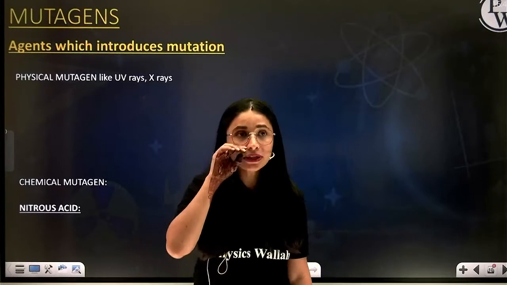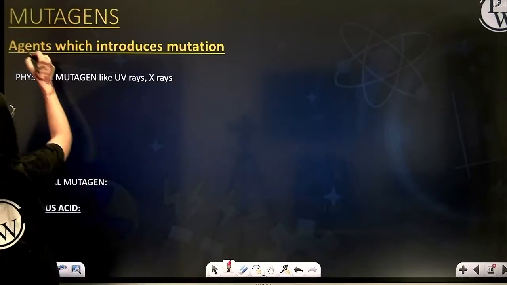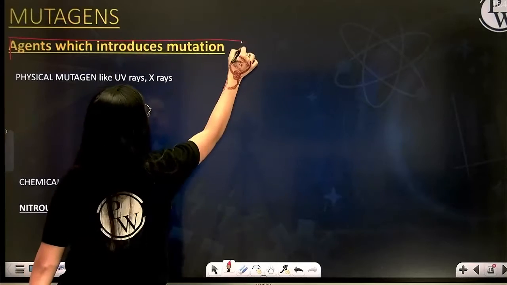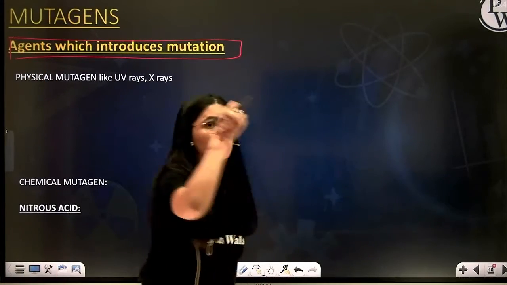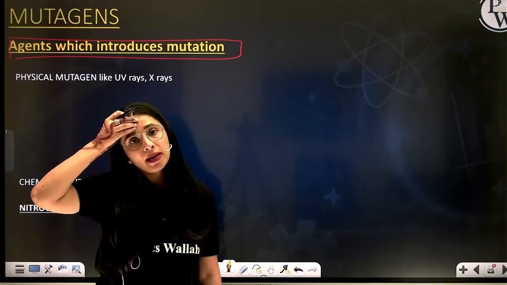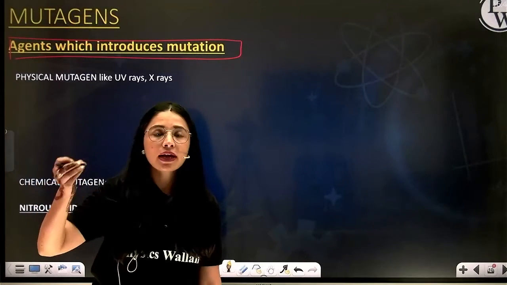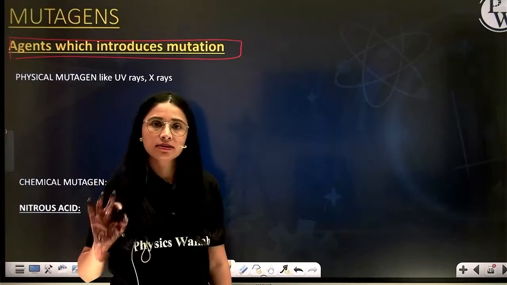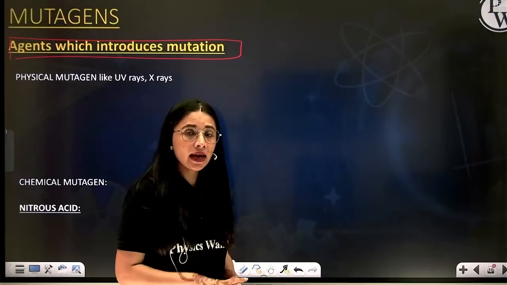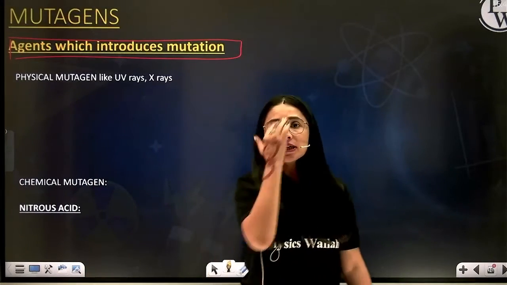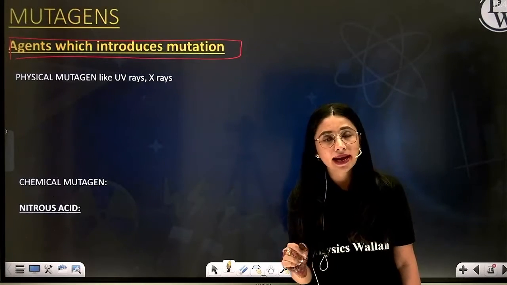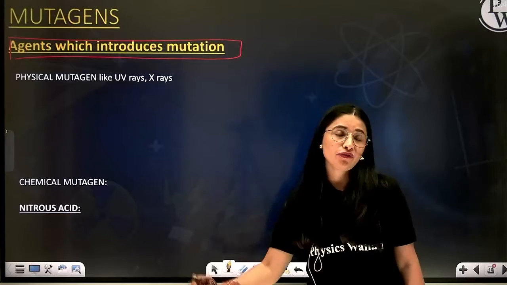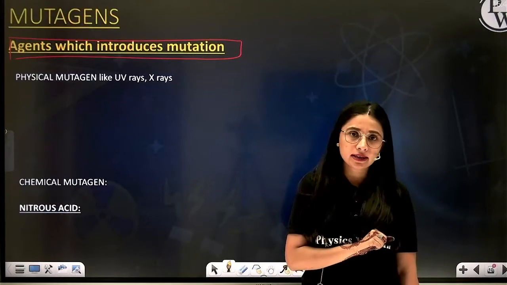So what is a mutagen, beta? Mutagens are basically the agents which introduce mutation, which cause change in the genotype and hence the phenotype of an organism. So mutagen kya hai? Basically, mutagens are the agents which cause change in the genotype as well as the phenotype of an organism.